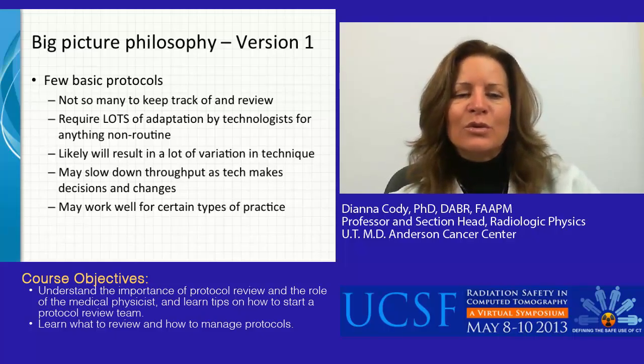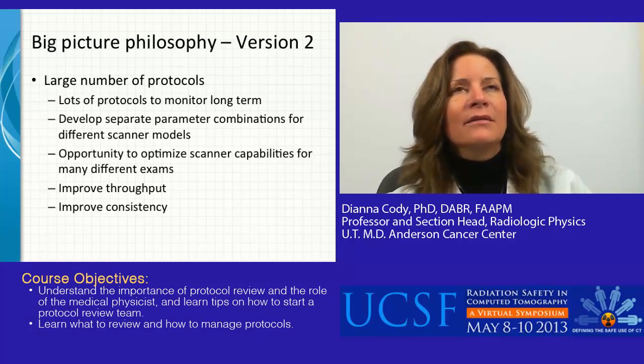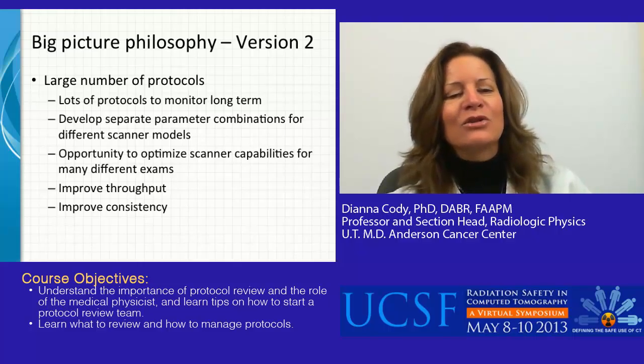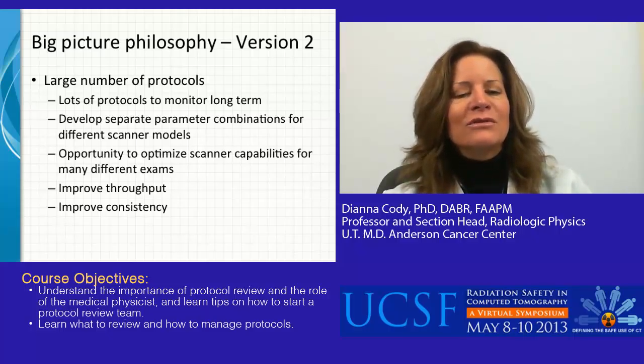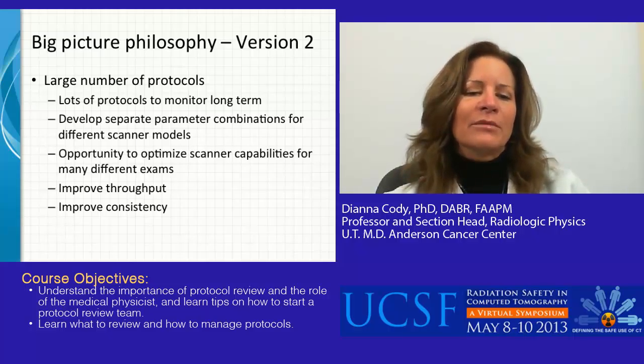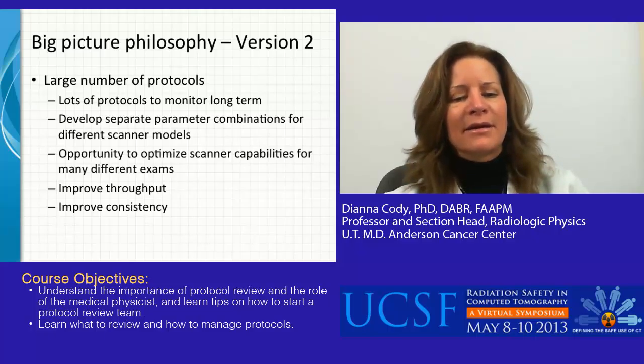The other approach would be to require a large number of protocols. This then means that there are a lot of protocols to monitor and to review long term, but it allows you to develop different parameter combinations for different scanner models and for different exams.